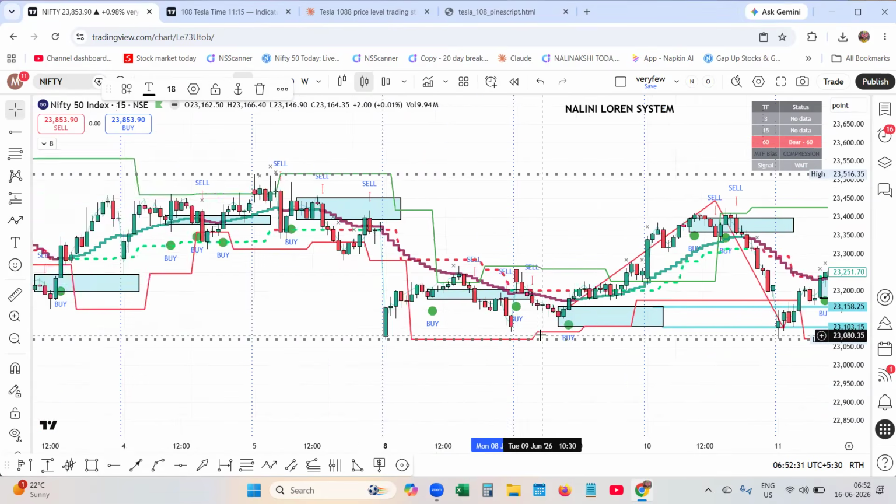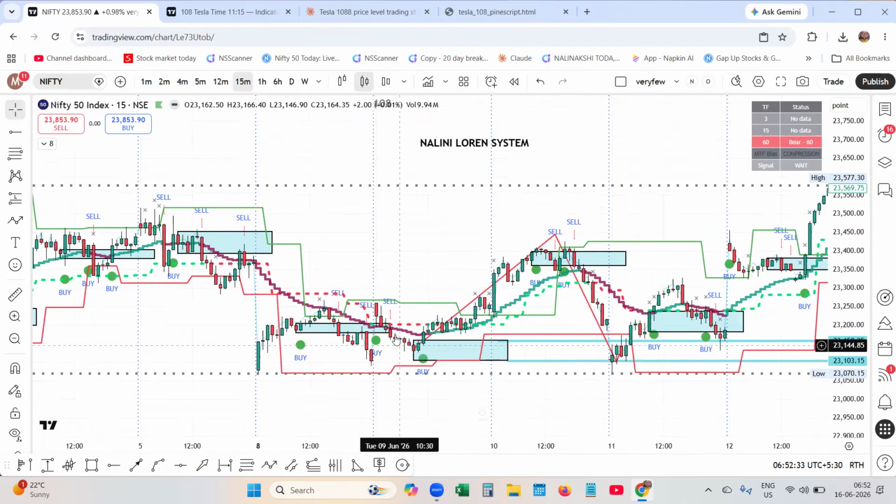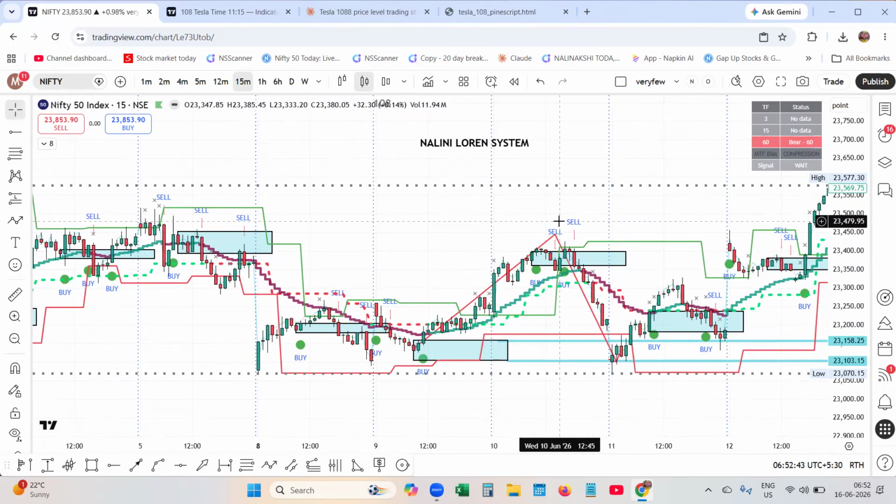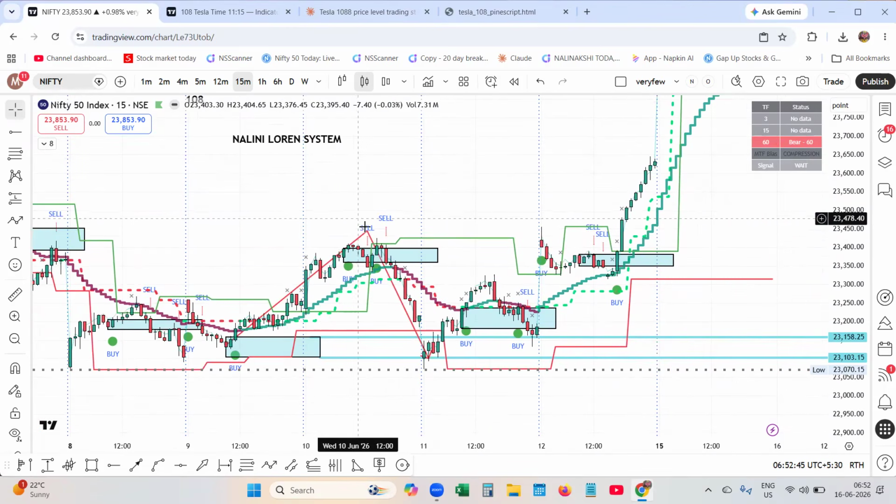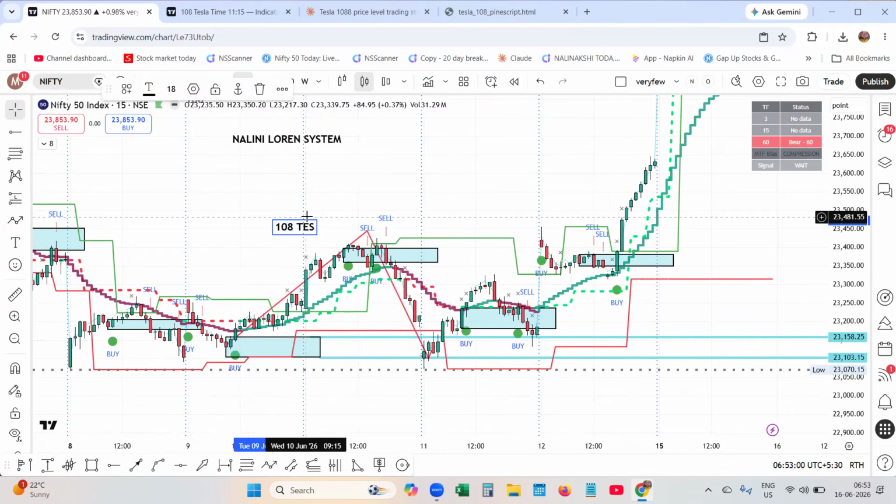From there, when the price started to move above this 108 time slot, the price moved higher. And when price moved back to the same zone, again the Tesla time, 108. Let me write down 108 Tesla time. So you need to know that, so I coded for that.